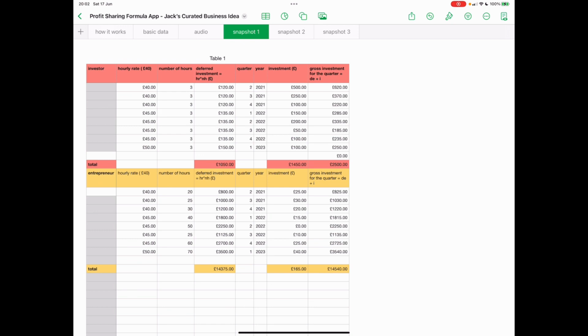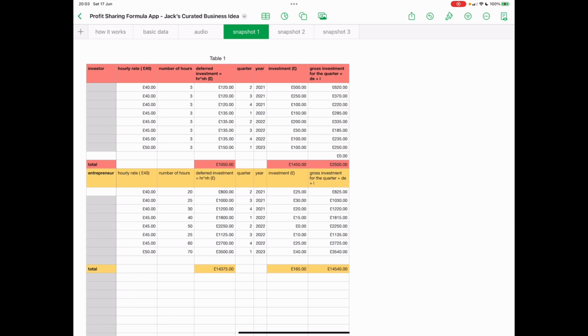That was in quarter 2 of 2021. Then in quarter 3, he put in £250. In quarter 4, he put in £100. In quarter 1 of 2022, he put in £150, and so on and so forth.